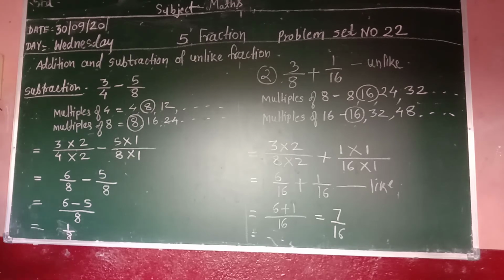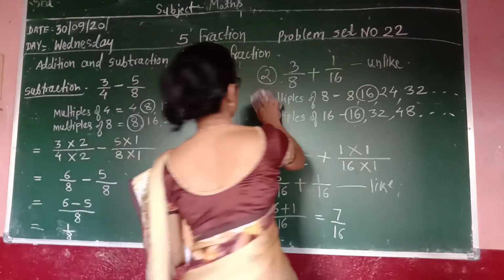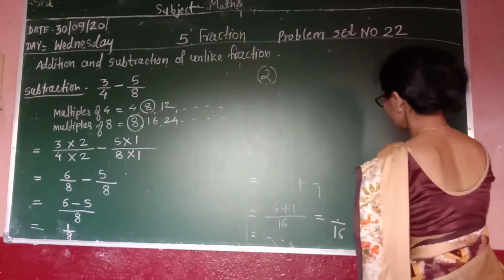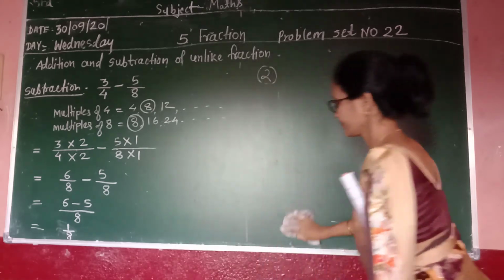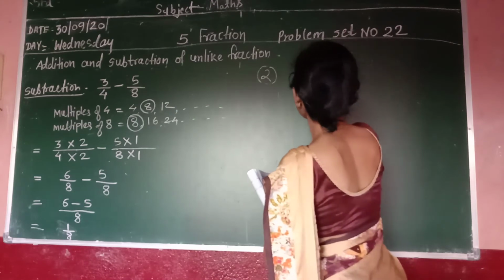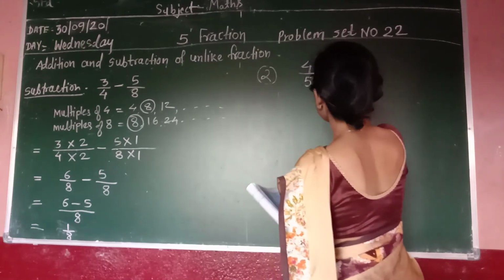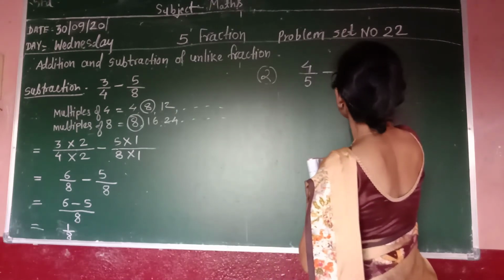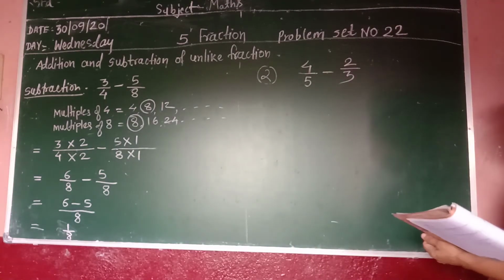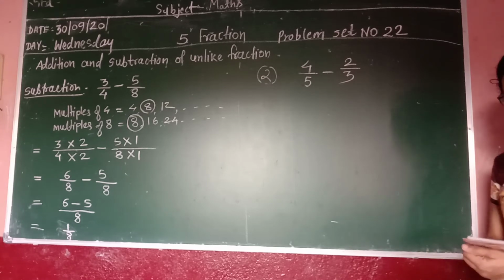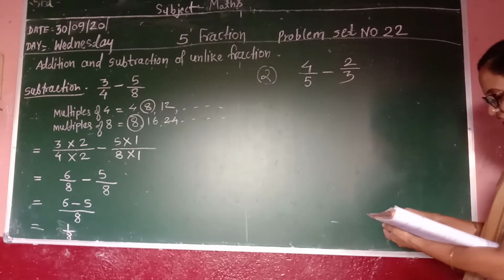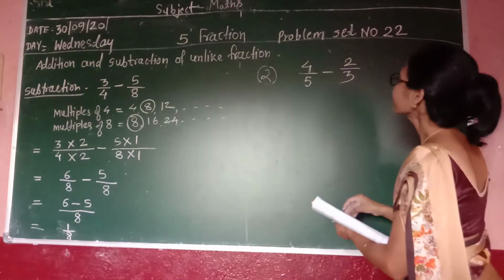Like this, here I will explain another example of subtraction. The second example is 4 upon 5 minus 2 upon 3. Now here the smallest common multiple of these two is 15. So we shall change the denominator of both fractions to 15.